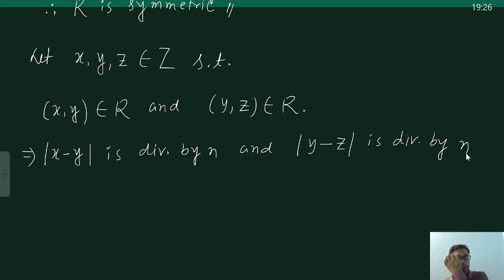So obviously we can write this, and since x minus y is divisible by n, it means x minus y is a multiple of n.